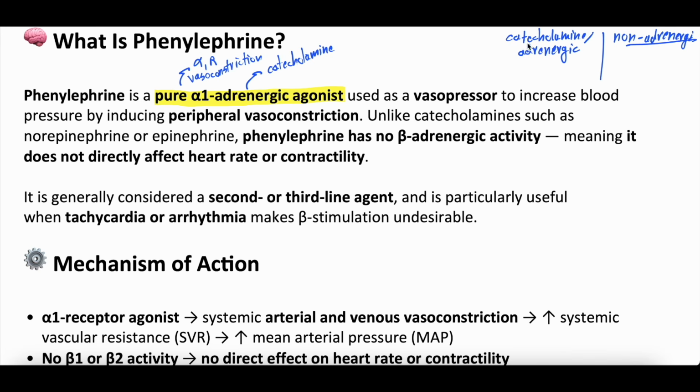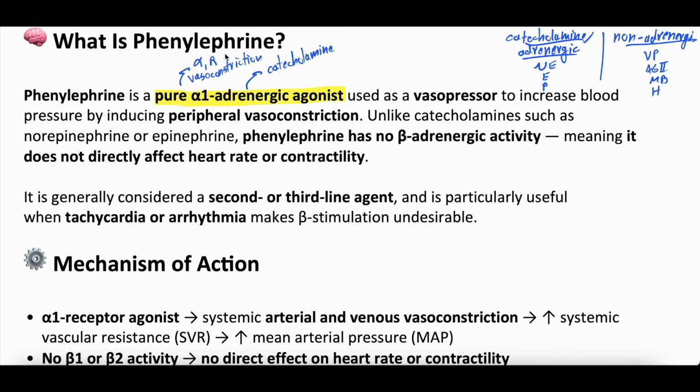The catecholaminergic or adrenergic vasopressors are things like norepinephrine, epinephrine, phenylephrine, and all of them work on catecholamine receptors, whereas the non-adrenergic or non-catecholamine vasopressors are things like vasopressin, angiotensin II, methylene blue, hydroxocobalamin, all things we've talked about in this vasopressor inotrope series.